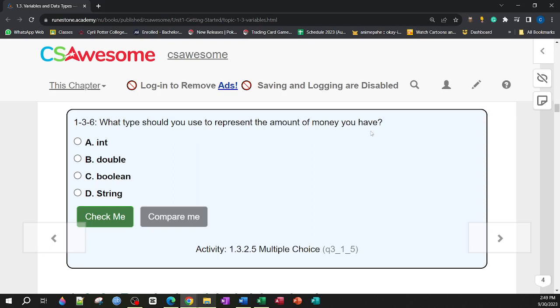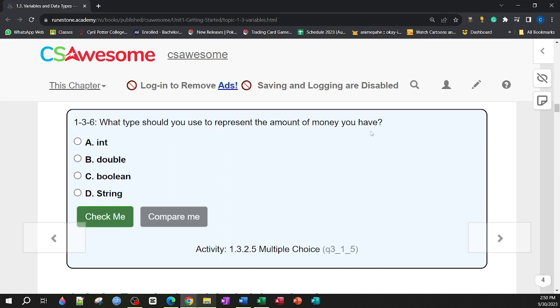Represent the money you have. Anybody else want to try? Should we go integer? Why? Why integer? Why real? Or why double?